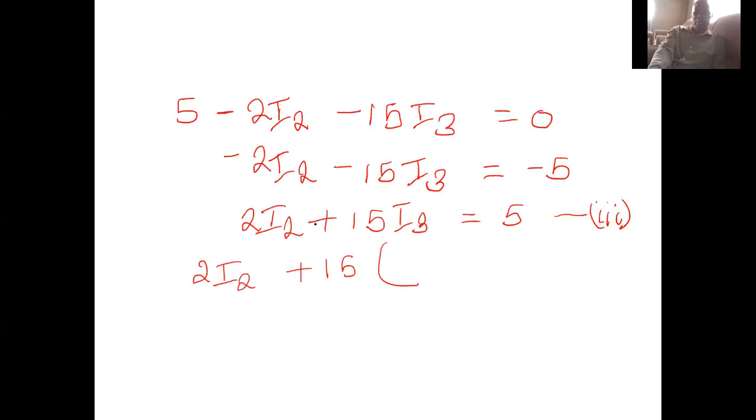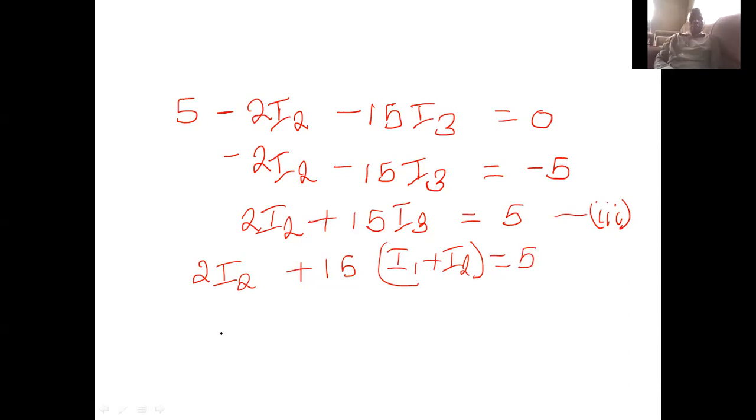So where there is current 3, we can substitute. Where there is current 3 here, we can put current 1 plus current 2. Why? Because we said current 1 plus current 2 from equation 1 is equal to current 3. So it's equal to 5.